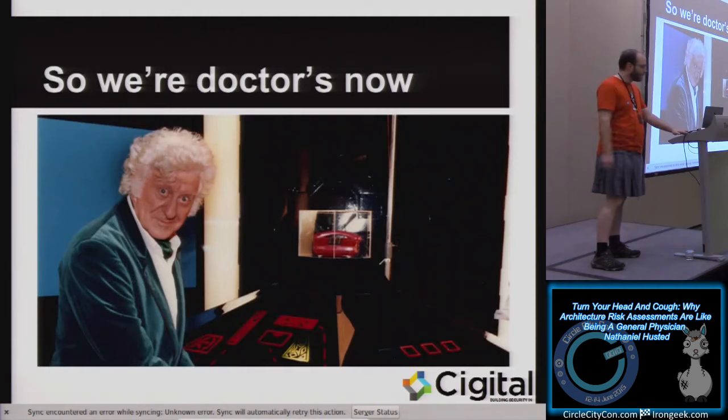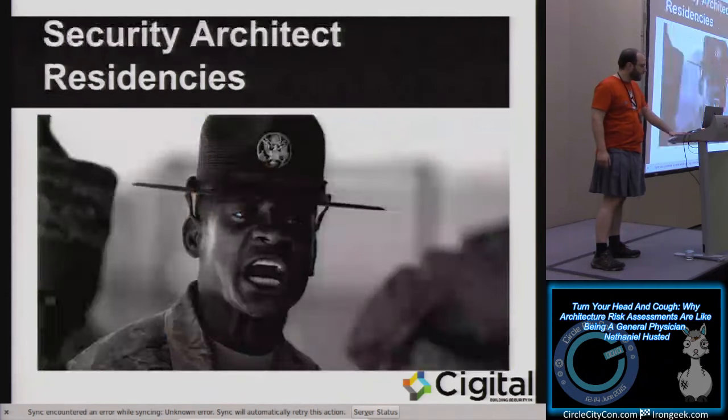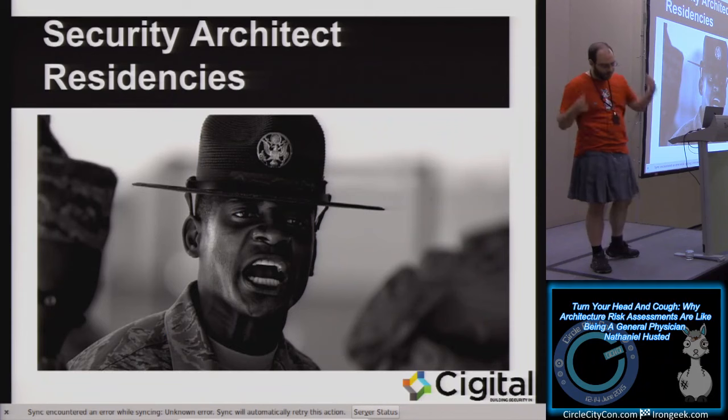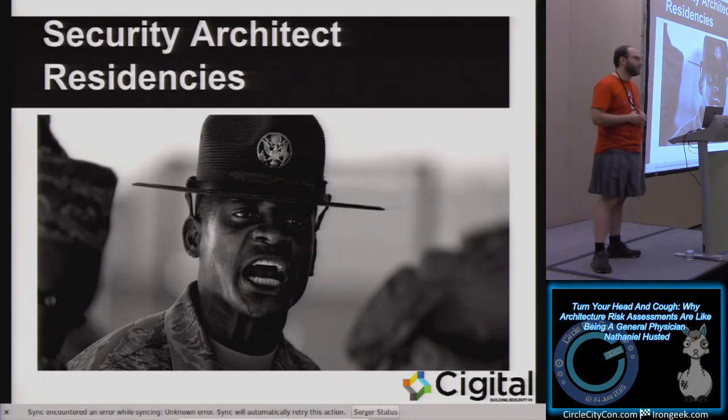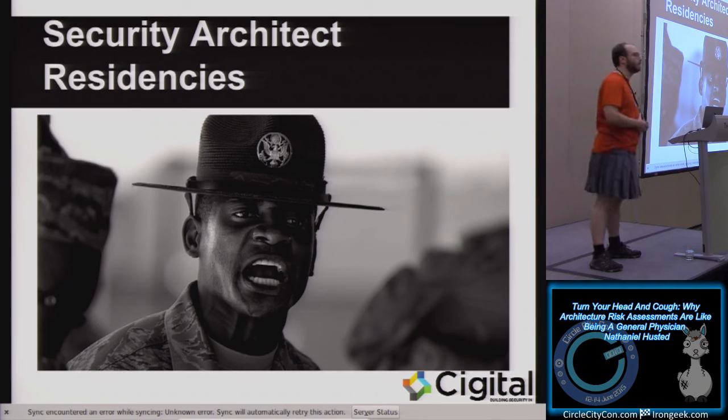So, as I mentioned, we're doctors now. There we go. The white lab coat ones, not the ones with time machines. And it'd be nice to have residencies. The question is then, what does a security architecture residency look like? It'd be nice to have somebody give them an internship and put them into the environment before they graduate with their security degree.